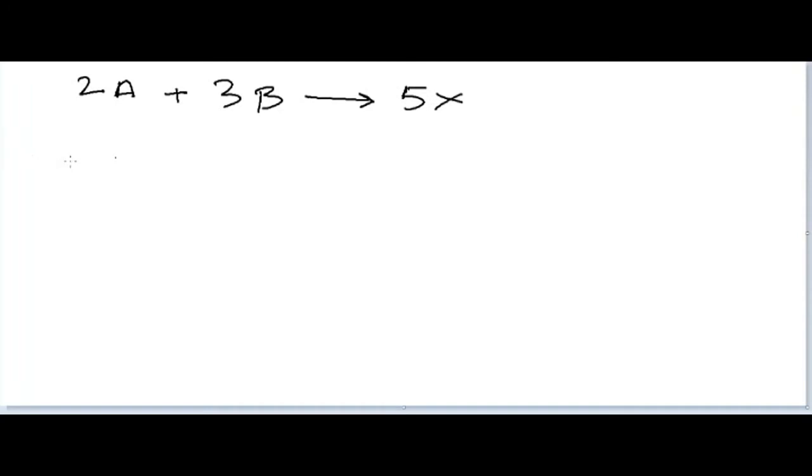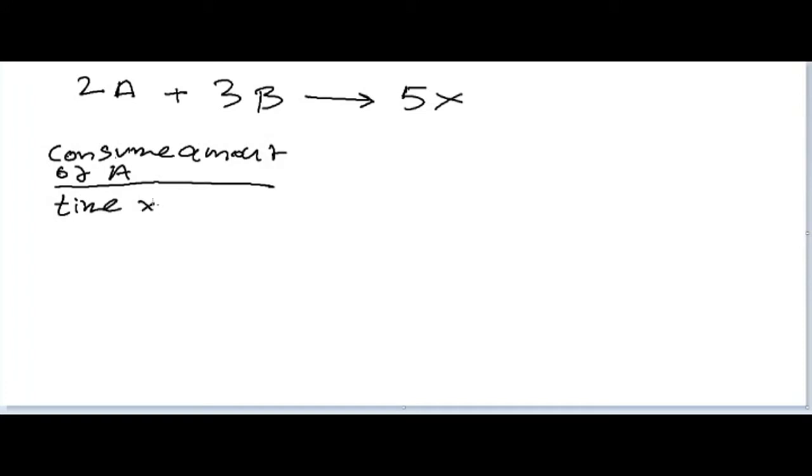the consumed amount of A. Think about A as a reactant, therefore we consider the consumed amount of A divided by the time, or within unit time, and you have to divide by the stoichiometric ratio.